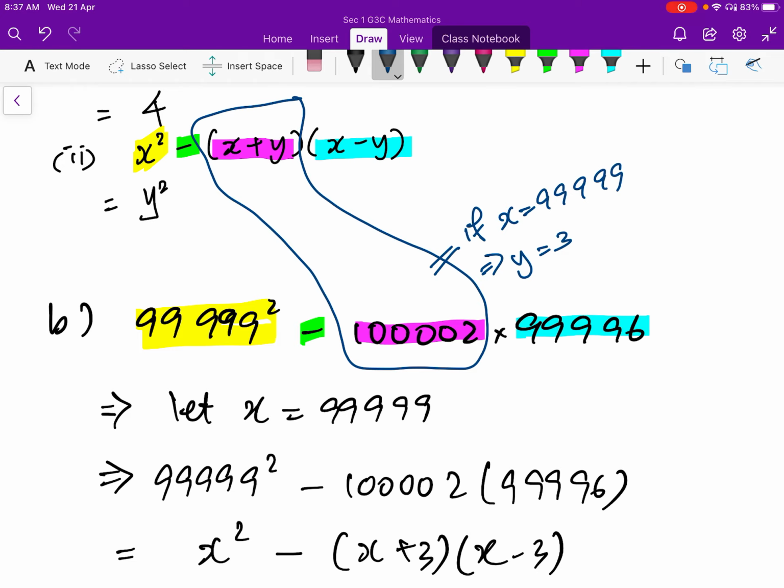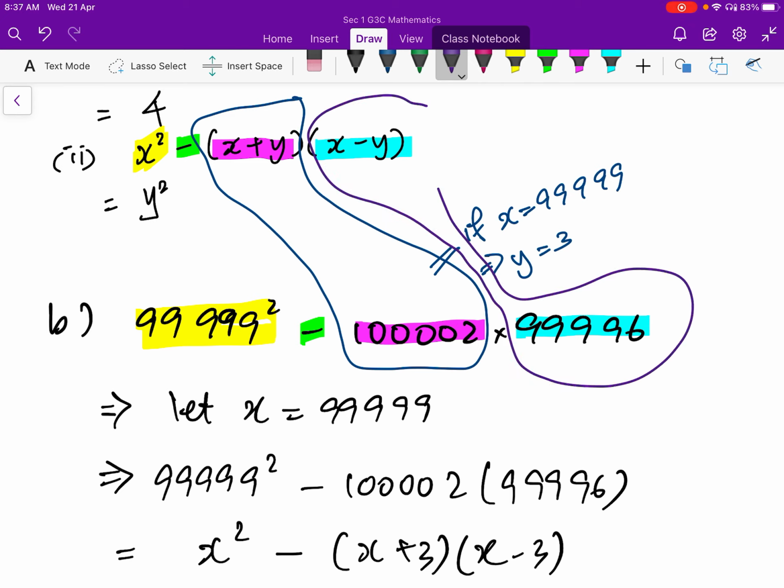Okay? Then we confirm it with the last term over here. Now if x is 99,999 and y is equal to 3, when you subtract them, you do get 99,996. So all this points to our x having the value of 99,999 and y equals 3.